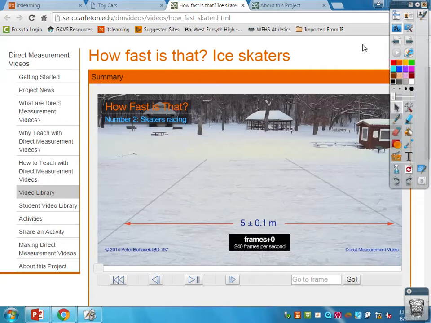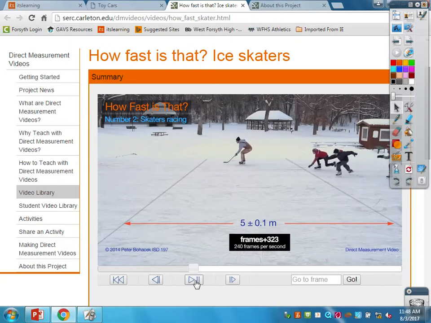If I take an initial look at this video, basically what I would do is let it run to just see what's going on. They're not long. You have these ice skaters zooming across the ice. You can see a couple things we can focus on.